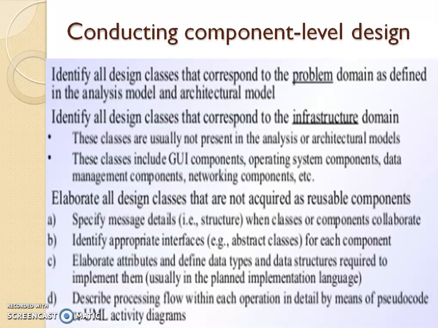What are the different attributes connected to that component? Define data types and data structures required to implement them. And describe the processing flow within each operation in detail by means of pseudocode or UML, Unified Modeling Language, activity diagrams.